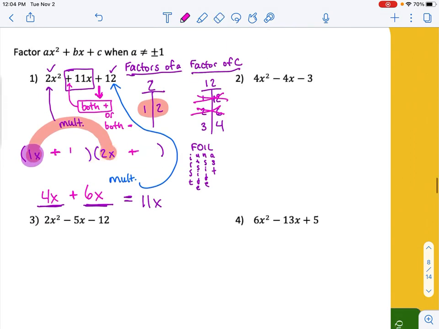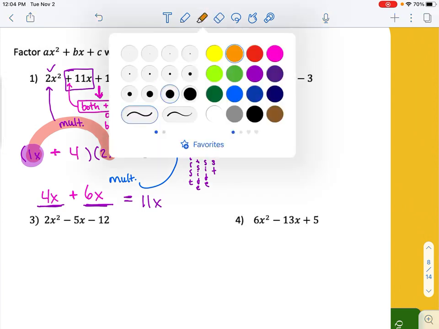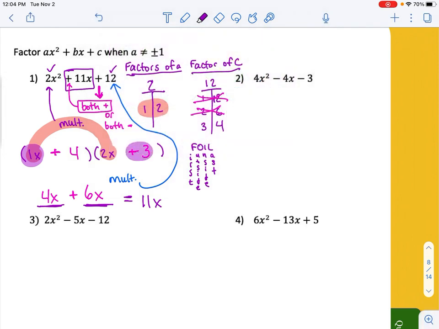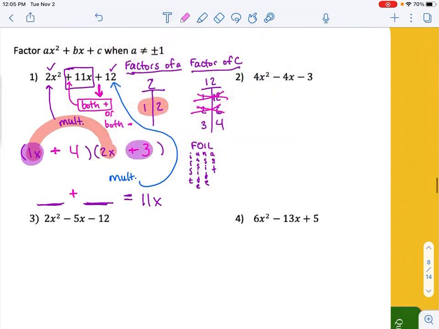I'm going to switch up my 4 and my 3. Let's see if this outsides multiplied, that is 3x, plus my insides multiplied, which is 8x, that finally equals 11x.